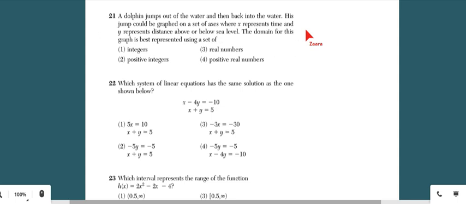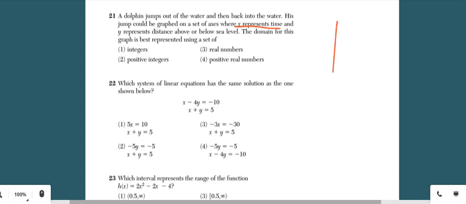So the dolphin jumps out of the water and then moves back into the water. His jump could be graphed on the set of axes where x represents time. What is x representing? X is representing time and y is representing distance above or below.